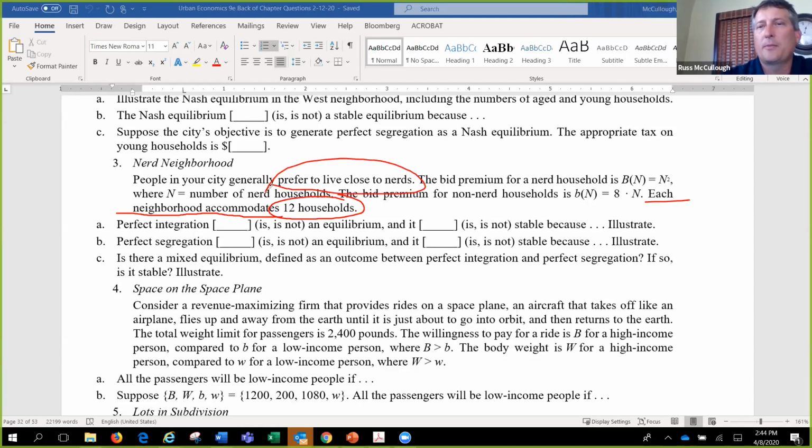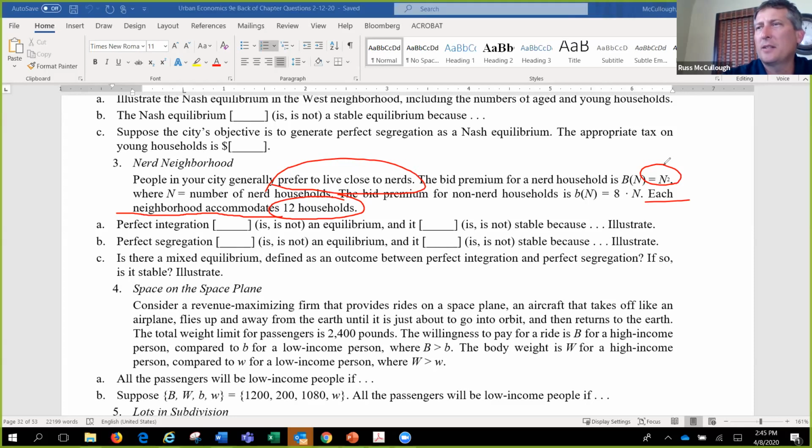The bid premium for the nerd is n squared. For the non-nerd it is 8n. So how many people are in the city?